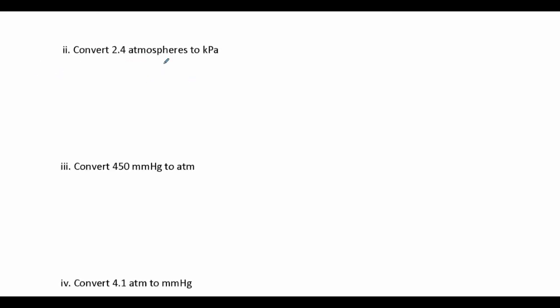This one says convert 2.4 atmospheres to kPa. Okay, so this time we're going the other way. So 2.4 atmospheres, and we're going to go to kPa. So I'm going to put atmospheres down here, kPa up here.